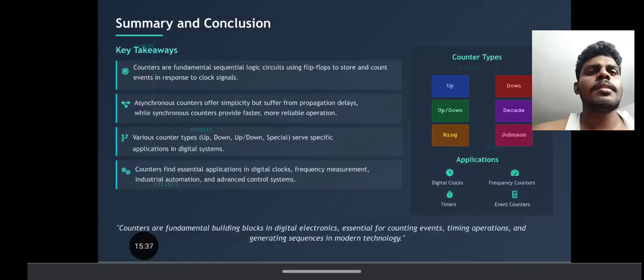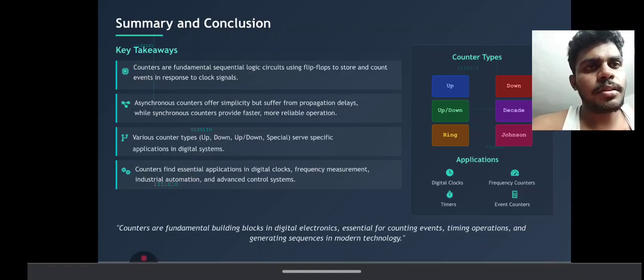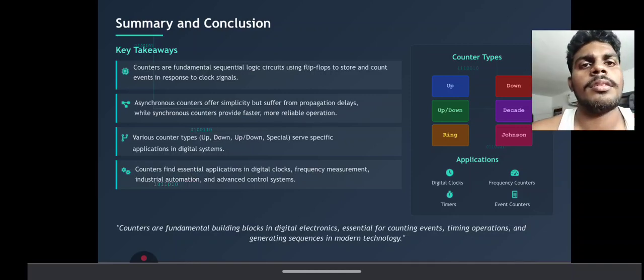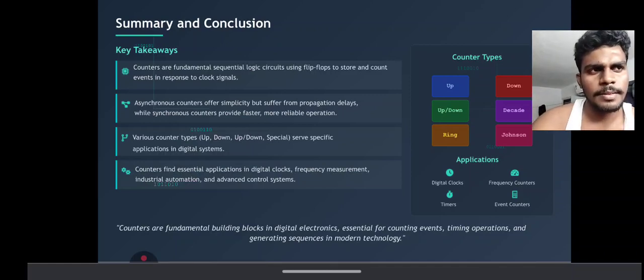Summary and conclusions. Key takeaways: counters are fundamental sequential logic circuits using flip-flops to store count events in response to clock signals.